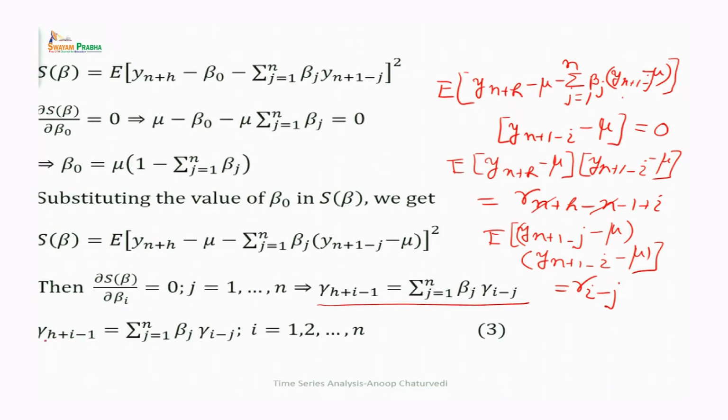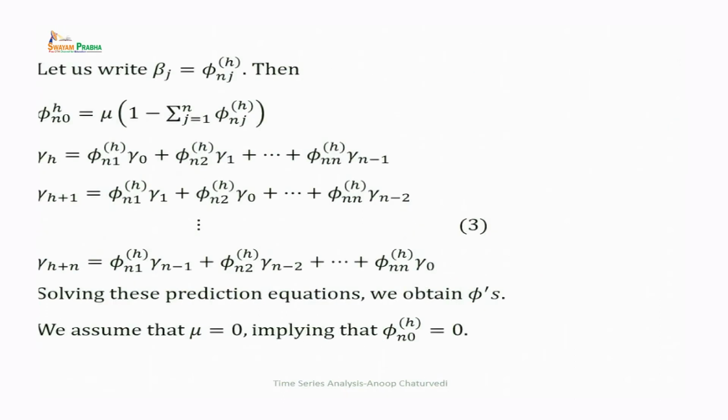If you take i equal to 1, you get gamma h equal to summation j equal to 1 to n beta j gamma j minus 1. So, you get gamma h equal to, then we write betas in terms of phi's: phi n 1 h, the first term is gamma naught, plus phi n 2 h gamma 1, and so on, plus phi n n h gamma n minus 1.